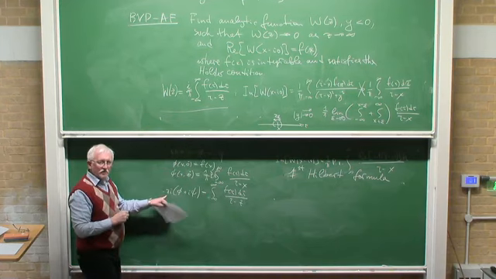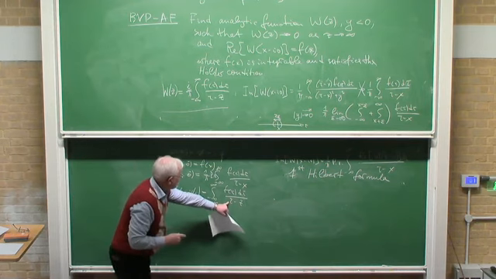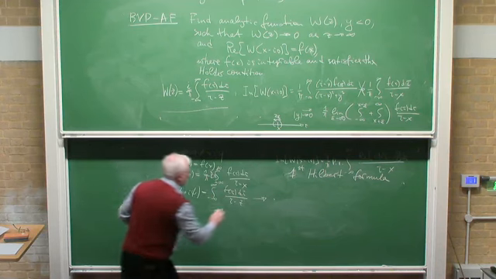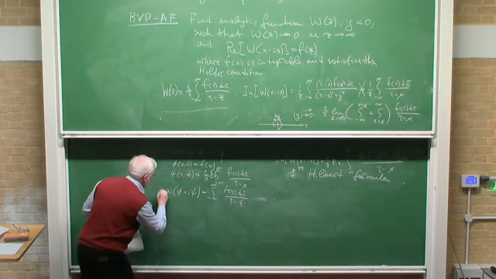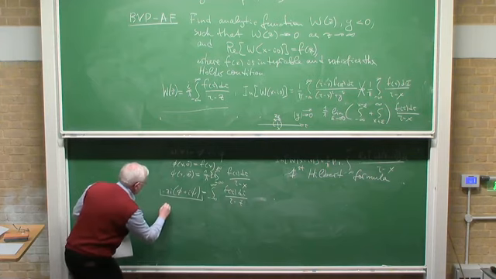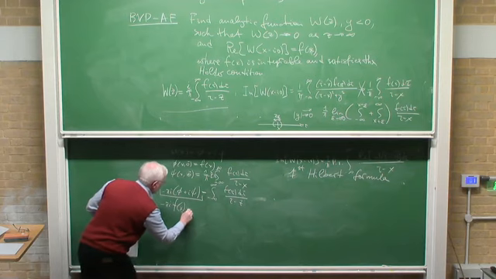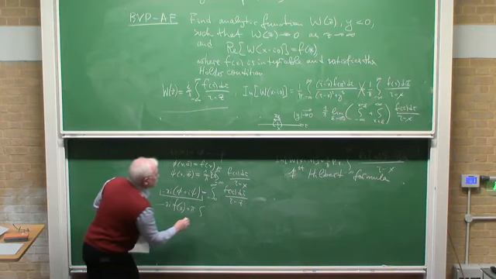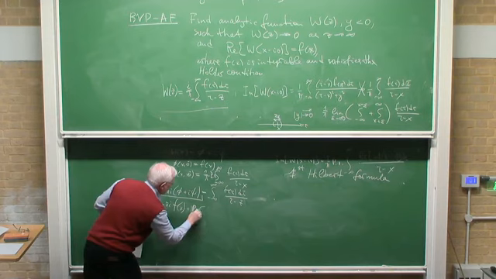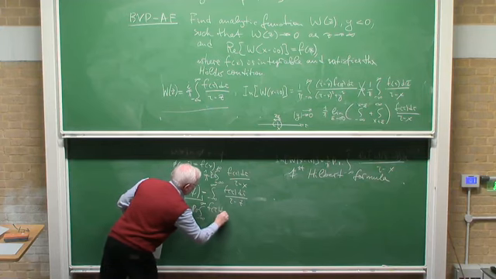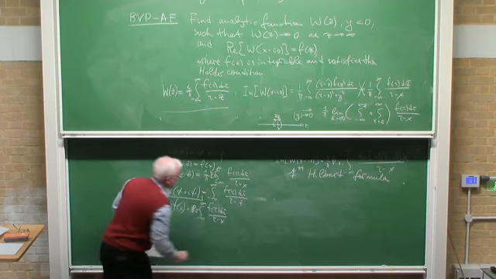Then, in the limit, it will be minus pi i phi goes to f of x, and plus pi integral, and 1 over pi will cancel each other, from minus infinity to infinity f of tau d tau over tau minus x.